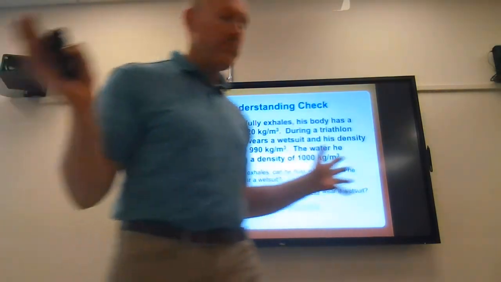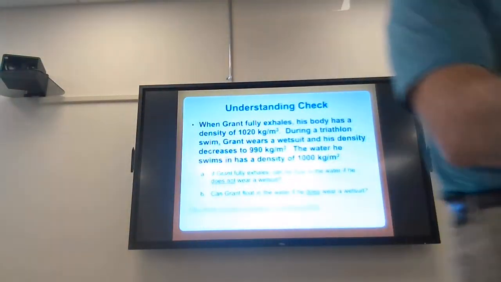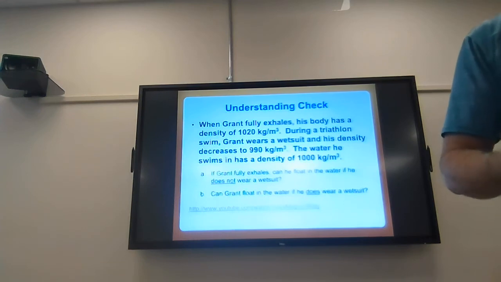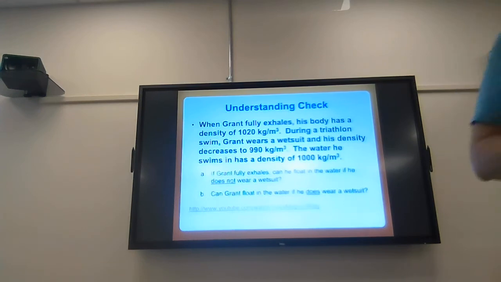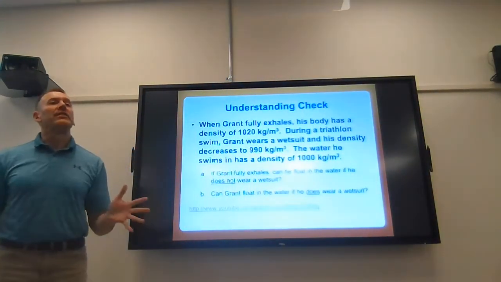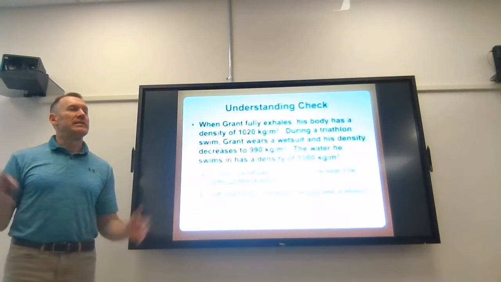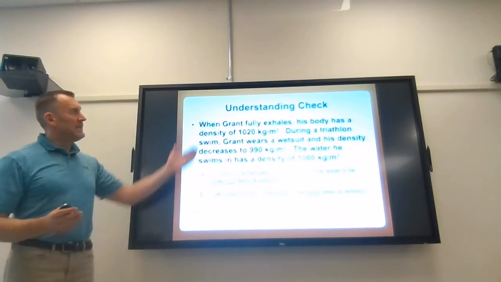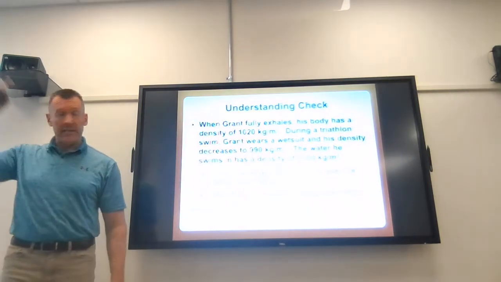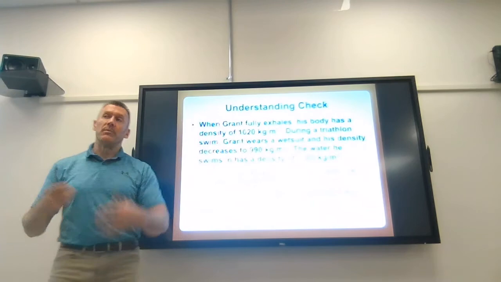If you blow out all the air you can under voluntary conditions, do you still have some air in your lungs? Yes, we call that the residual volume. So he's exhaled all the air that he can voluntarily, which means his density is going to go up or down? He's going to have more density because he's gotten rid of as much air as he can.